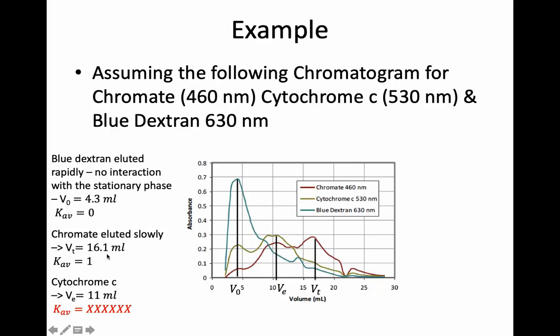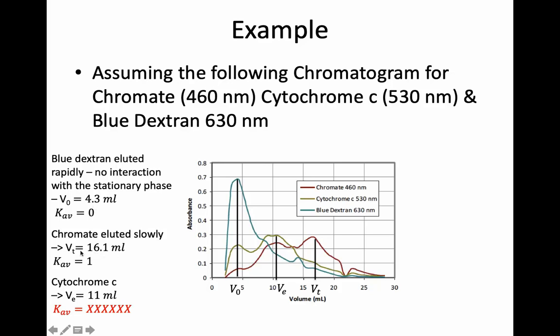We assume that the chromate is basically the other tracer, the one that never gets out, or is basically stuck in our pores. And so it has a KAV equal to 1, so we're going to use it to estimate our VT as 16.1.